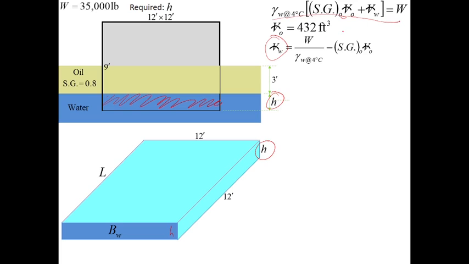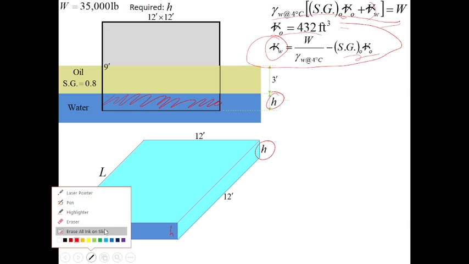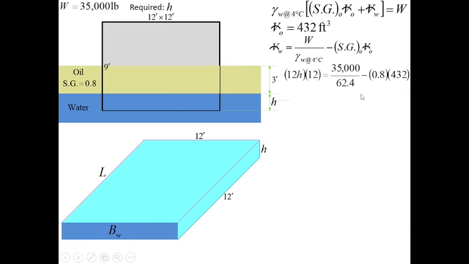Na-derive natin to. Tapos, ginawa natin yung volume of water. Volume displaced with respect to water. So, nag-algebra lang ako, kaya naging ganito yung equation. Weight over specific weight, ito. Tapos, i-transpose sa kabila yon. Ito yon, yung SGOVO. So, makukuha mo yung volume displaced with respect to water. Alam niyo naman mag-algebra, right? Okay. So, we can proceed.